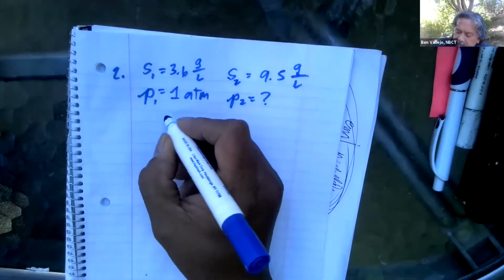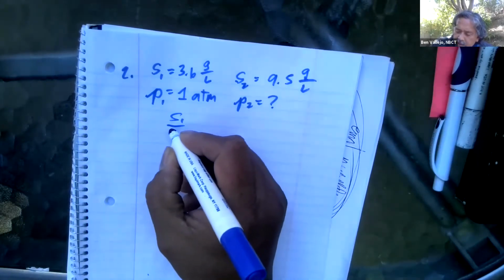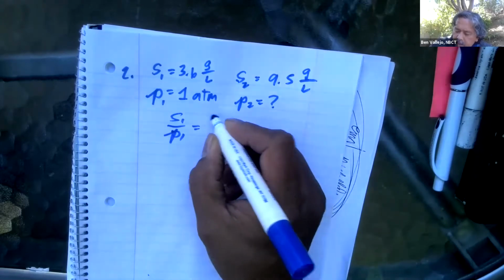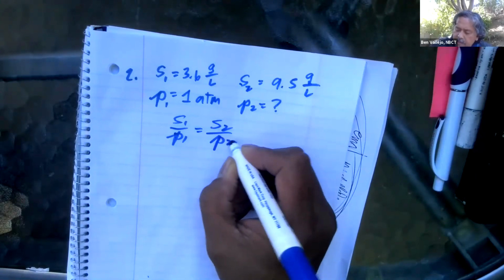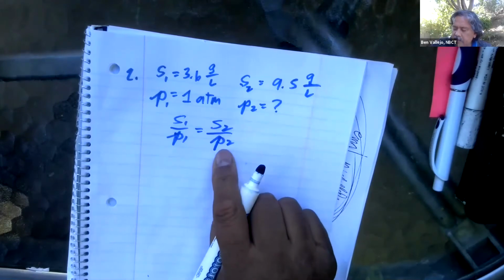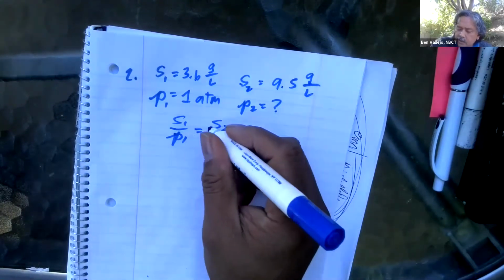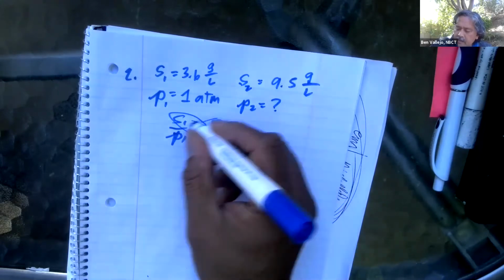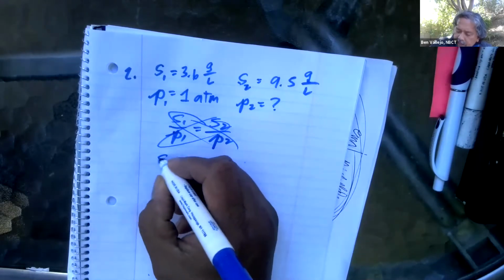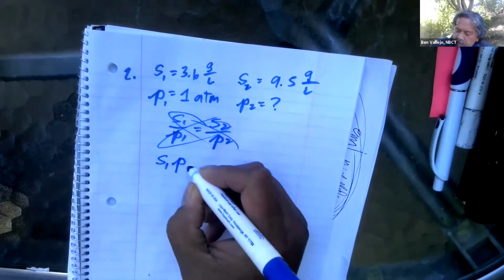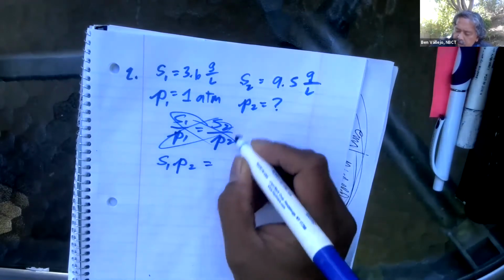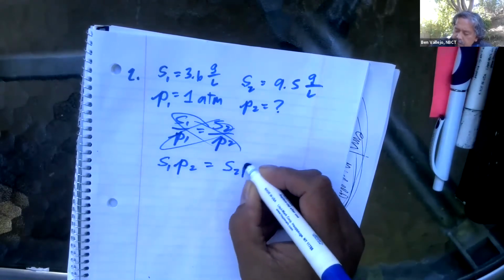Again, with the algebra, we got S1 over P1 equals S2 over P2, solving for P2. Okay, so you could cross multiply like that. So you get S1 P2 equals S2 P1.